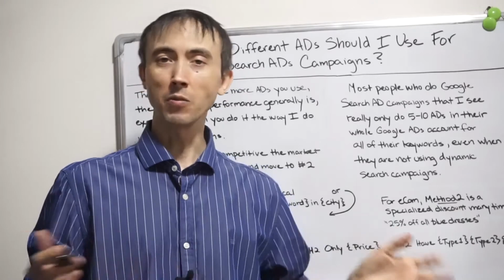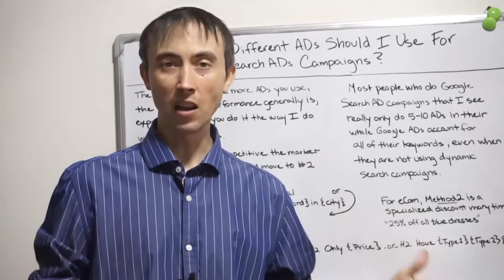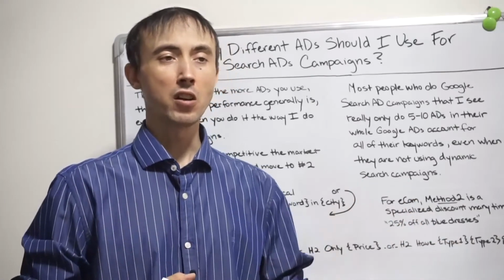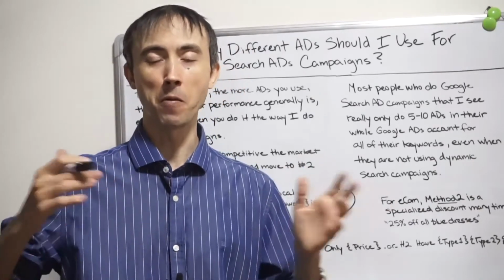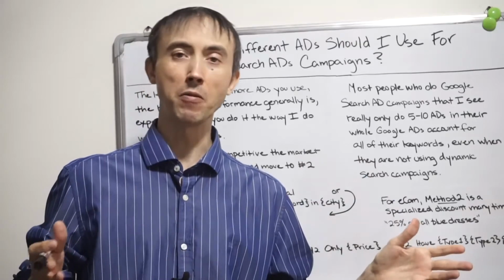So respectively, this is a good way as well that I'm going to give you here to get to your break-even profitability with your ads if they're not profitable yet, or to double the profit from your ads.